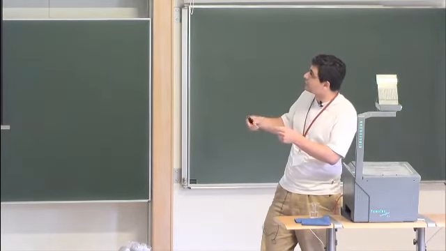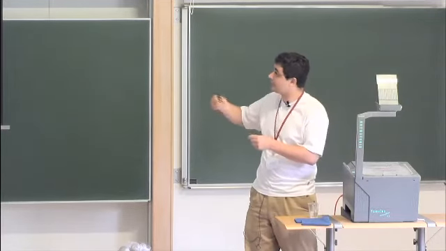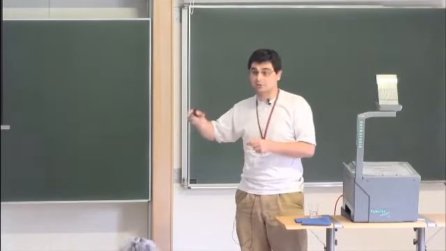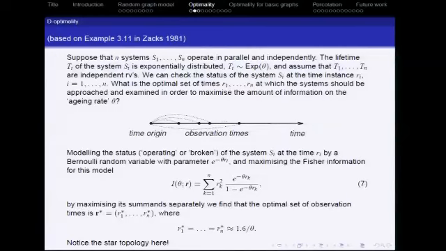Just a slightly more general example: we have n systems, they operate in parallel, their lifetimes are exponential with some decay, and what are the optimal observational times? It's the same distribution, but they're independent. How should you sample each? When should you approach each of the devices?